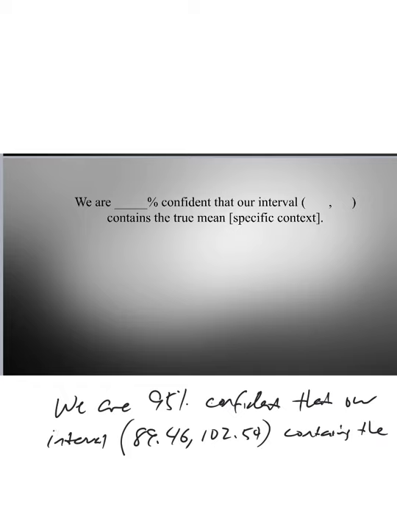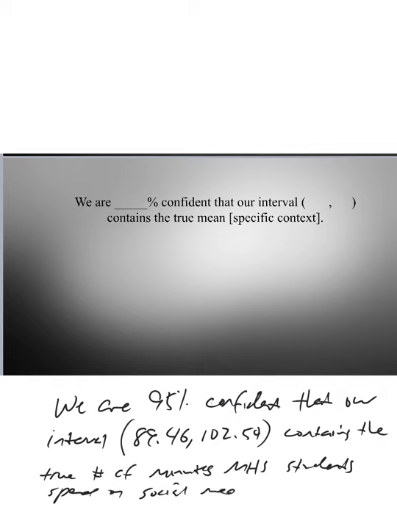It contains the true number of minutes MHS students spend on social media per day. This is not a spot to cut corners in your writing, so just make sure you write the complete sentence. That took, I'm still under a minute on this slide, so it doesn't take that long. But you do have to write that full sentence.